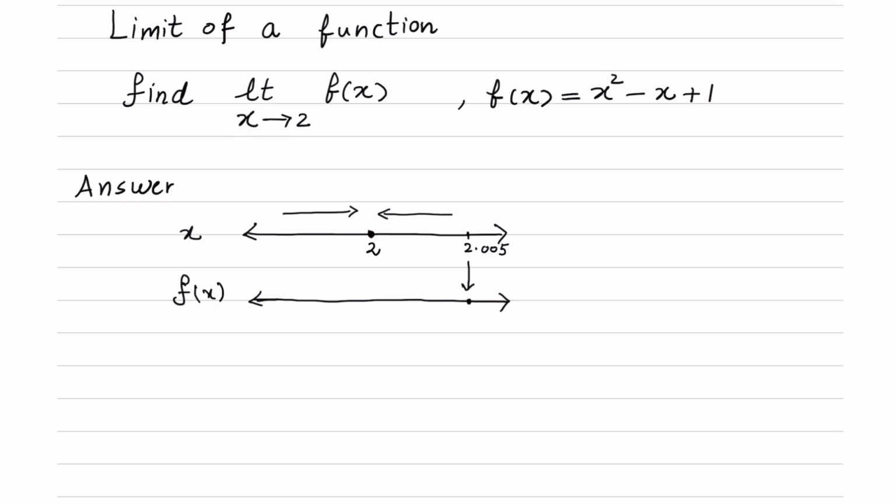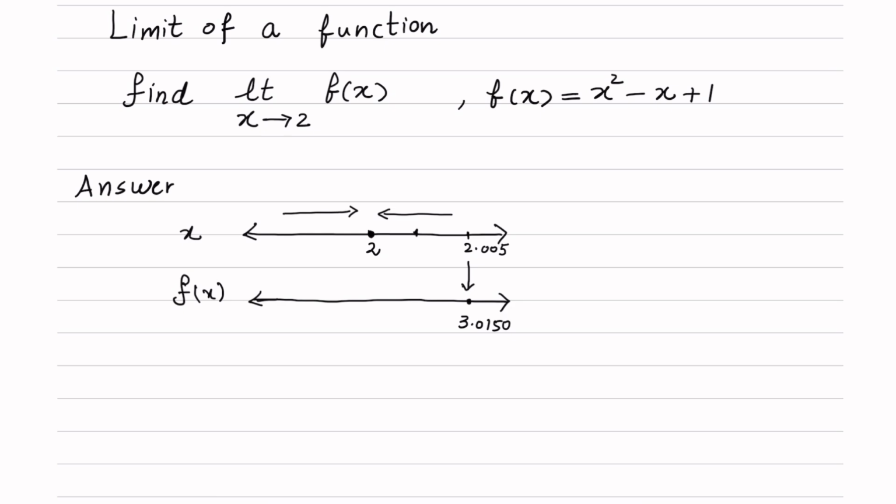So when we plug 2.005 in the function f of x, which is x square minus x plus 1, we get the value 3.0150. Let's get closer to 2 by picking one more value on the right hand side.